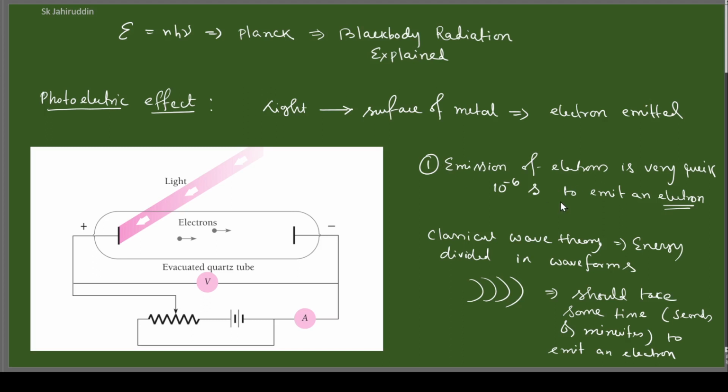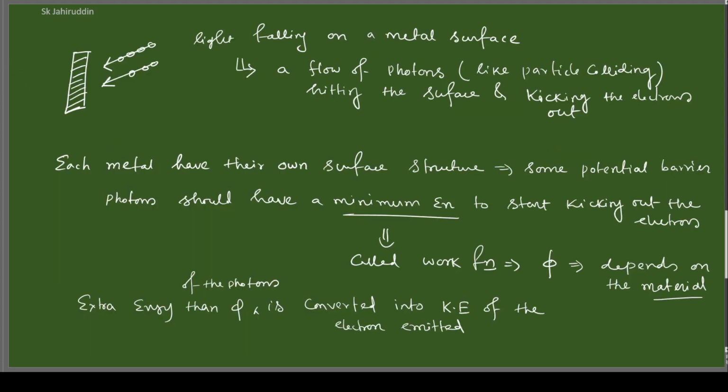Because if we treat light as particles, photons acting as particles, the elastic collision with the electrons in the metal is very fast. So that solves the problem of the quick process, that it takes very little time for the electron to come out from the surface.